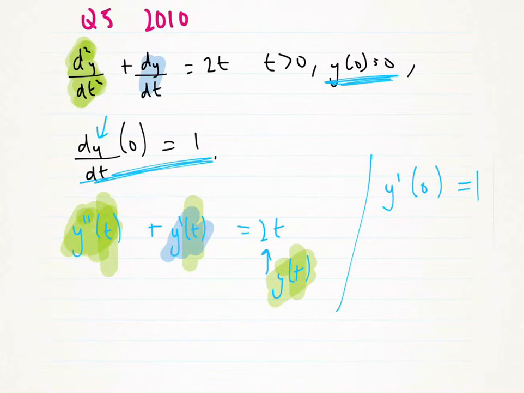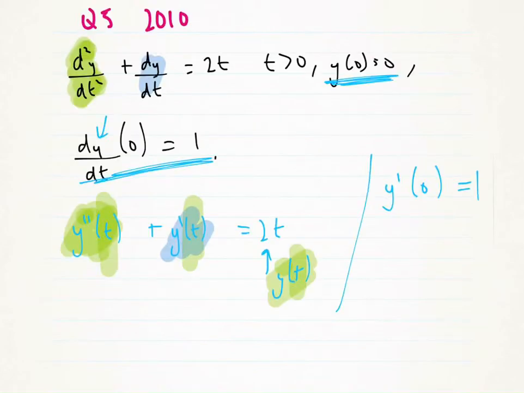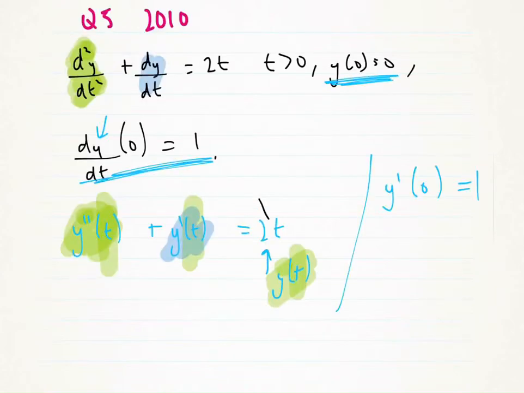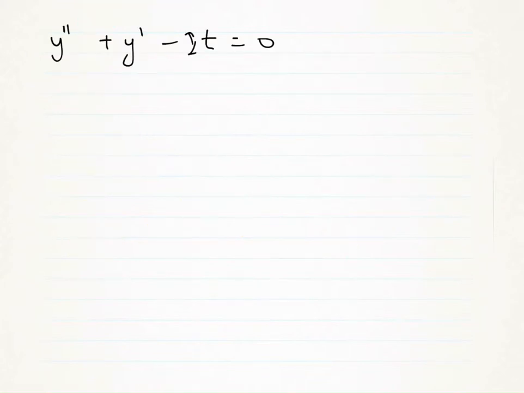I'll go on to the next page. I was going to write y dash dash plus y dashed, and I'm going to bring this minus 2 across, and you'll see why it becomes minus 2t equal to 0.